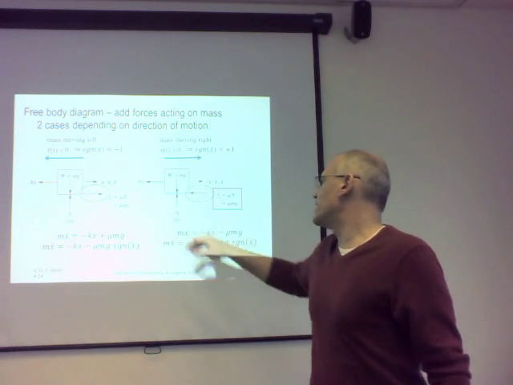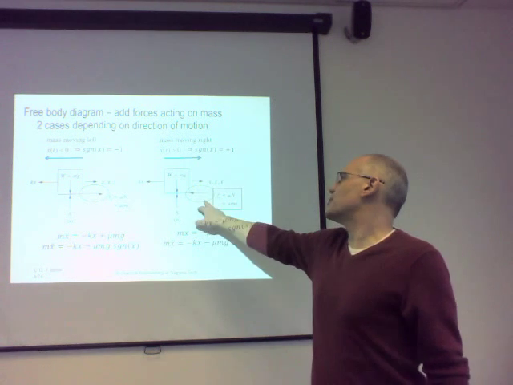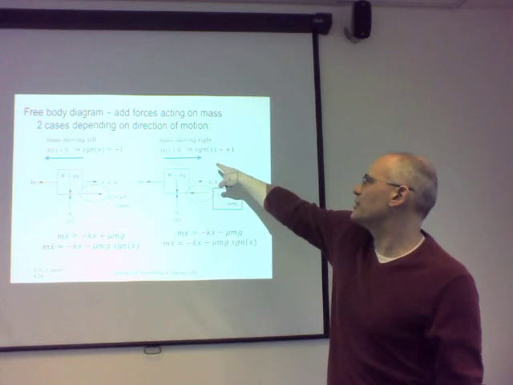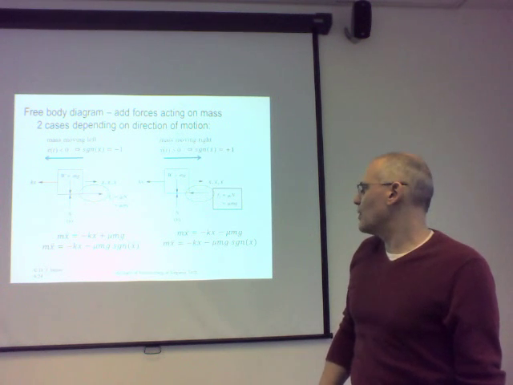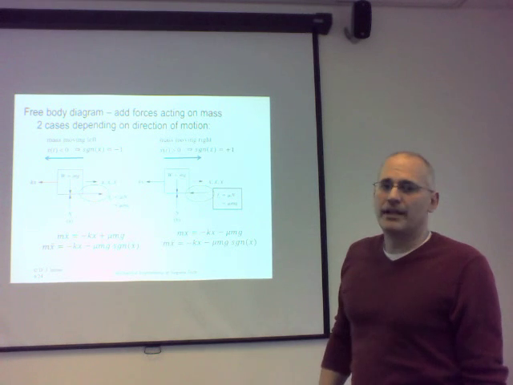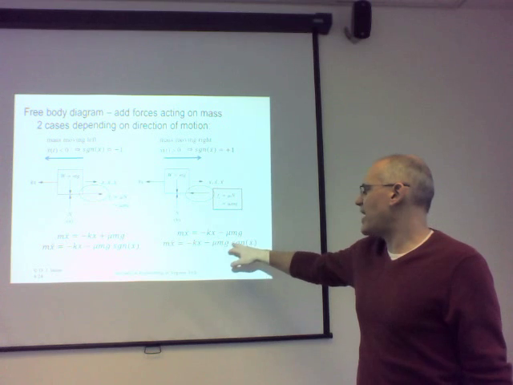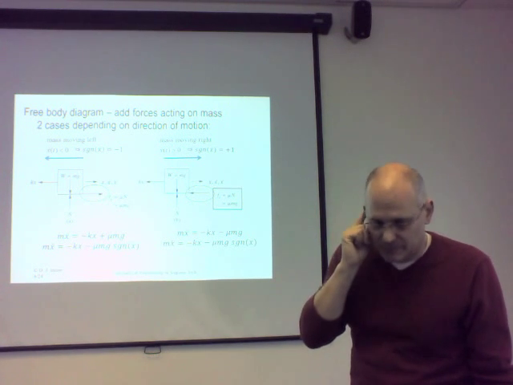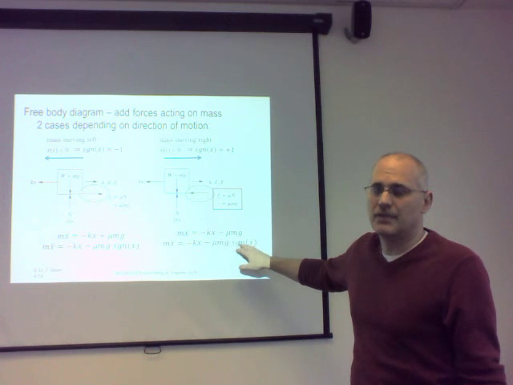And we have a minus mu mg. We're opposing the motion. The friction force, circled in green, opposes the velocity, the blue arrow on top. Now, signum is +1. We can include this sign function, sgn of x dot, on the bottom. All we're doing is multiplying by a +1 on the right side.